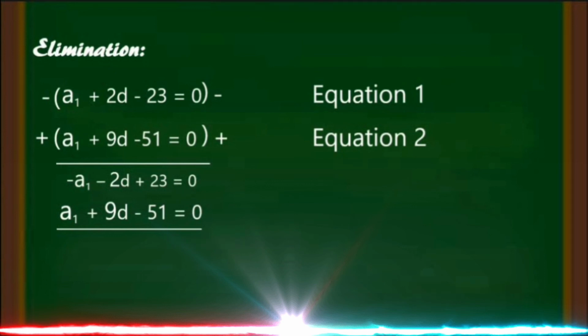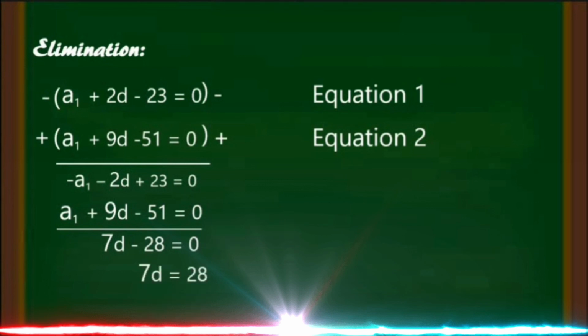Negative a sub 1 plus positive a sub 1 is equal to 0. Then, negative 2d plus positive 9d is equal to positive 7d. Positive 23 plus negative 51 is equal to negative 28. Then equals 0.